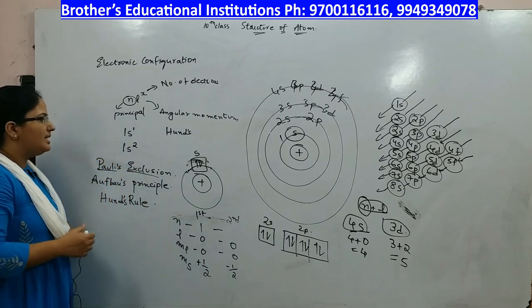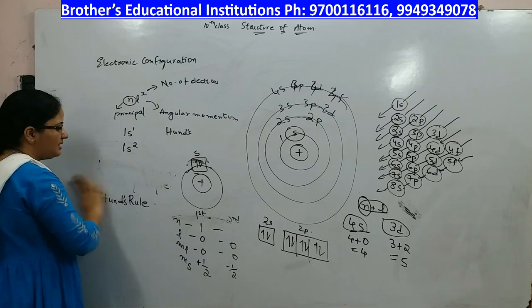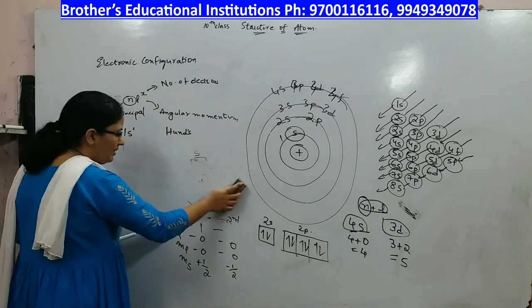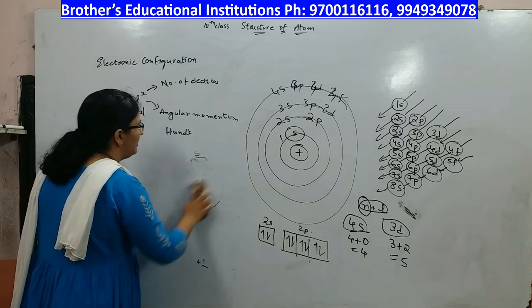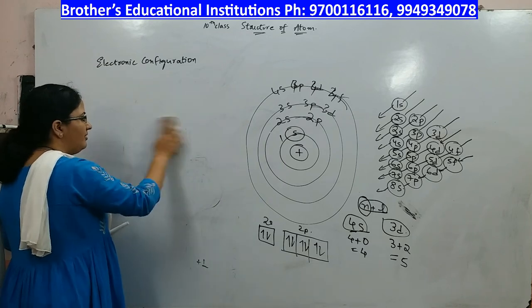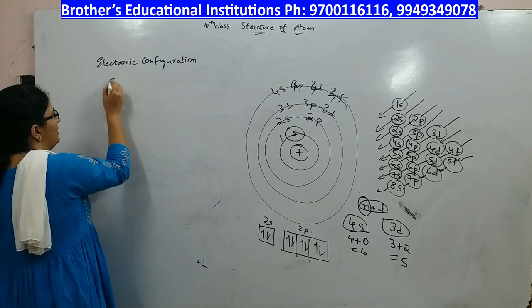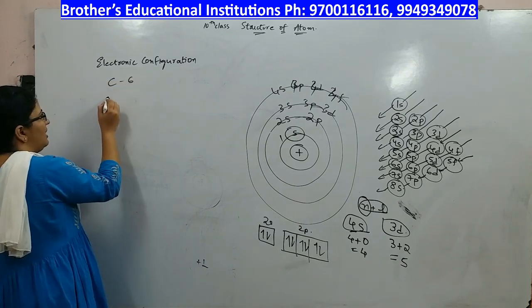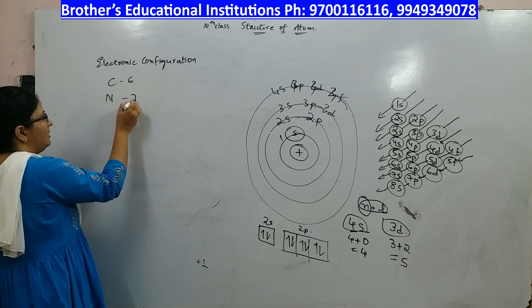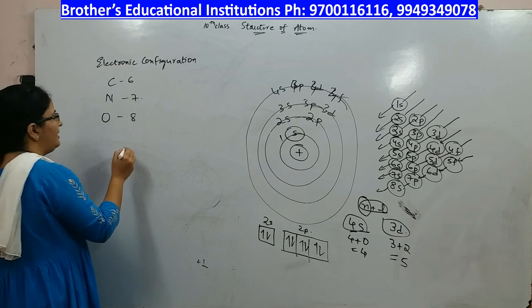Now let us see how to write the electronic configuration of certain elements. We'll write for a few elements so that you'll understand for all. Carbon, atomic number 6. After carbon you have nitrogen, atomic number 7. Then you have oxygen, atomic number 8.